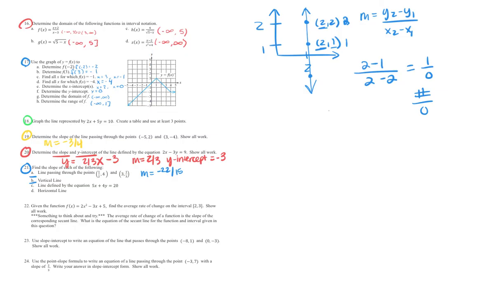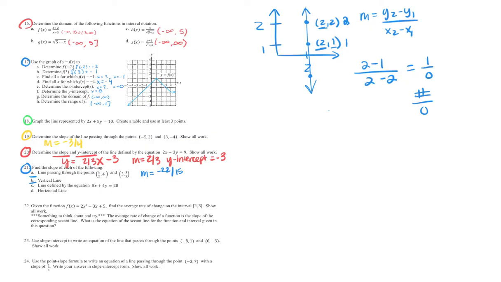When we have an undefined slope, that tells us that our x values will always be the same. No matter what you plug into this equation for y2 and y1, since the x's will always be the same, you'll always get a number over 0.